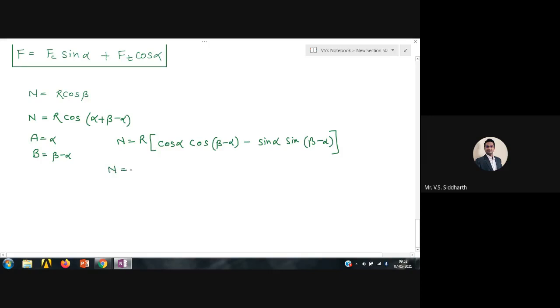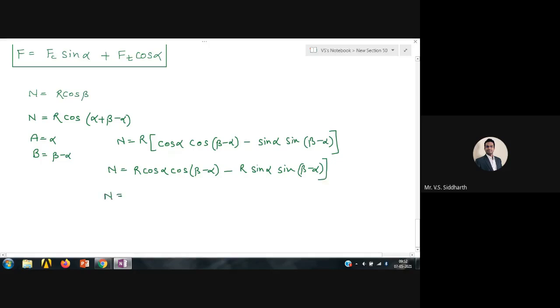I will multiply R inside. R cos alpha cos beta minus alpha minus R sin alpha sin beta minus alpha.